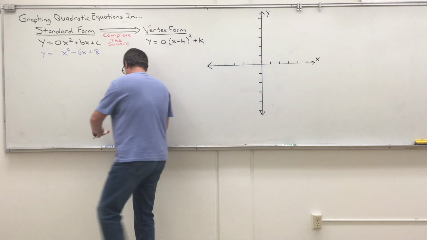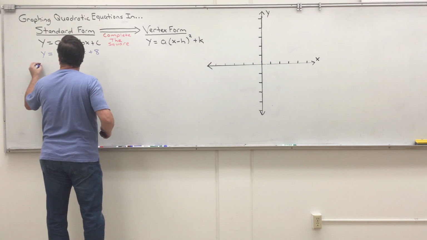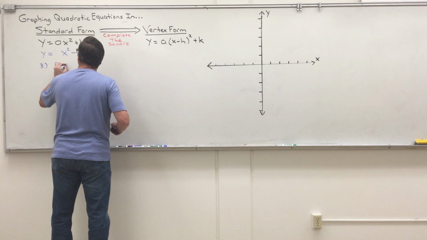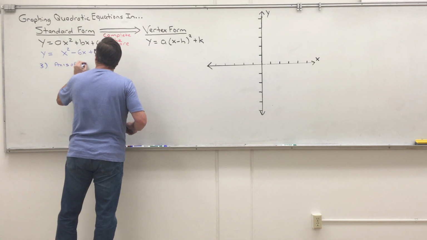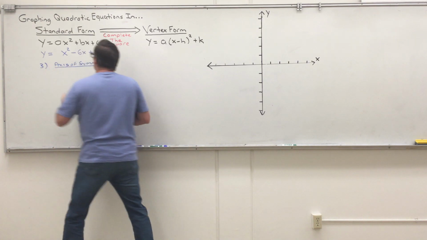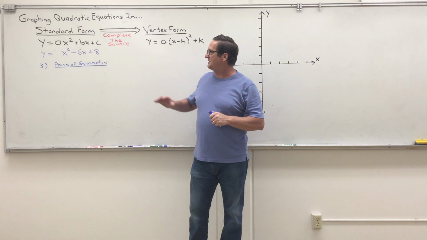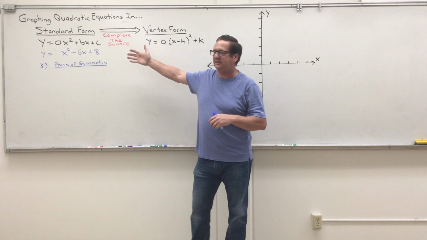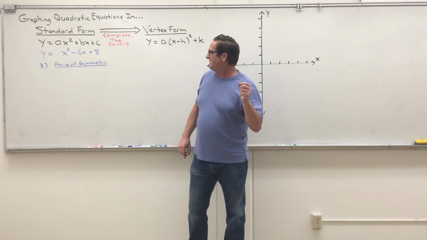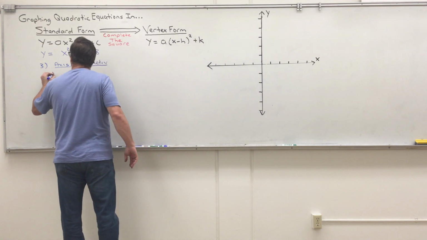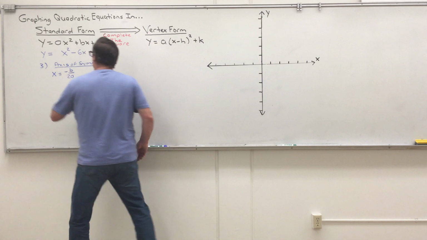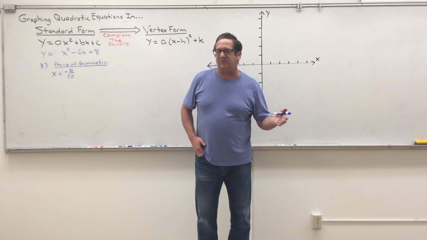So last week, I asked you to find the axis of symmetry. So step 1 was A, B, and C. Step 2 was whether it goes up or down. So let's take the shortcut. So the axis of symmetry was x equals negative b over 2a.